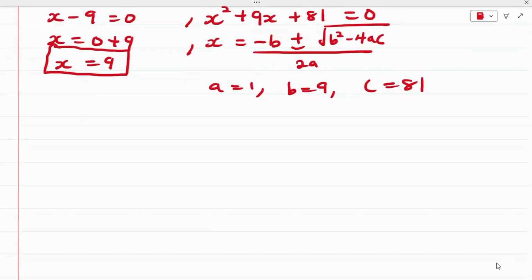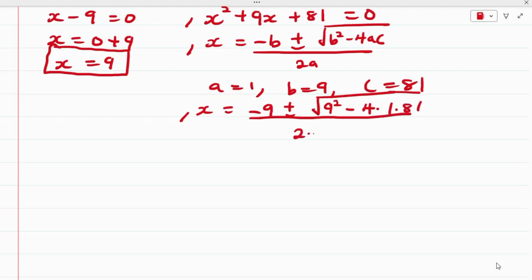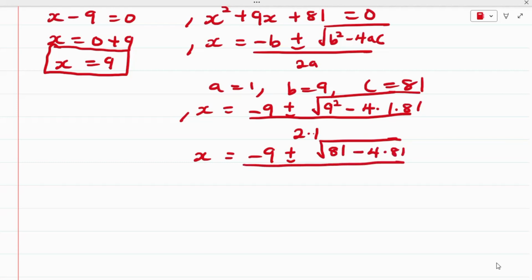So from here we have x is equal to minus 9 plus or minus the square root of 9 squared minus 4 times 1 times 81, divided by 2 times 1, which is 2.